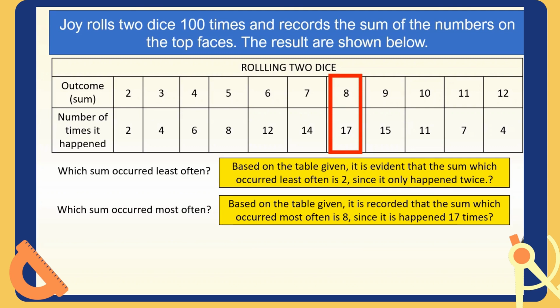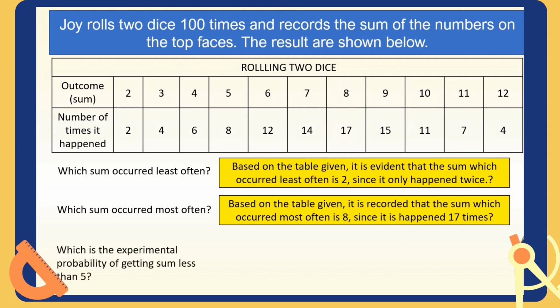And then, which is the experimental probability of getting sum less than 5? So, ano kaya yung experimental probability ng makukuha mo dito na sum ay less than 5? Less than 5, ha? Ibig sabihin, from 4 down to 3 and 2.